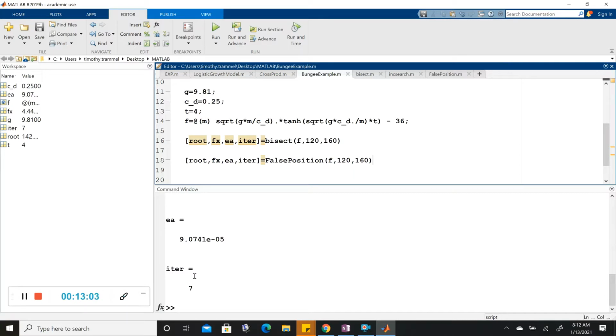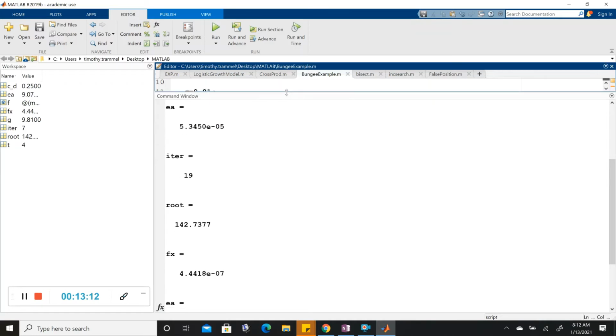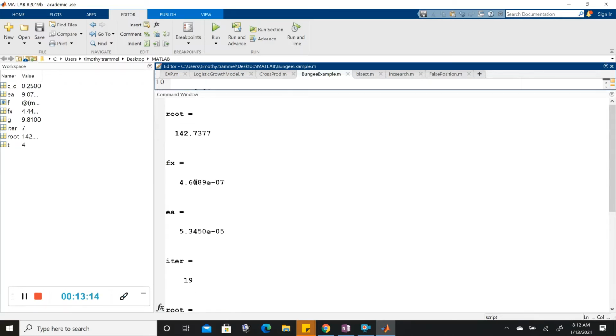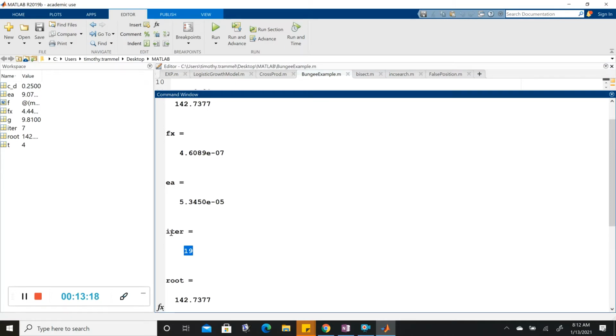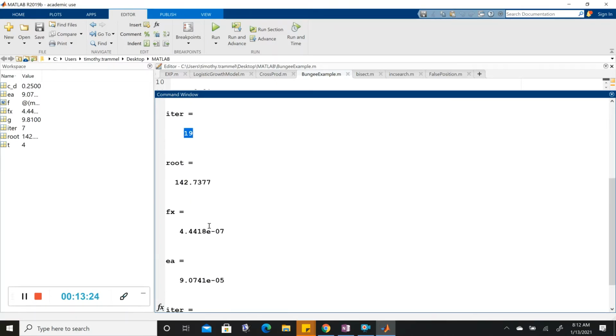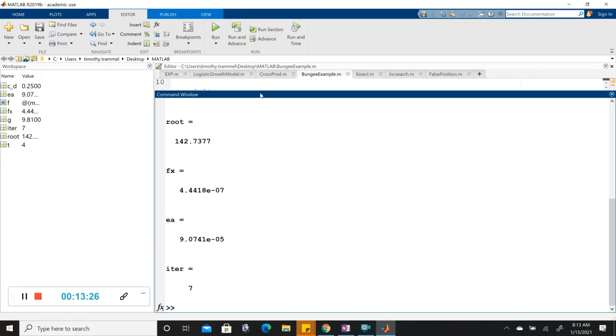And what we're going to see when we scroll up is that bisect actually took more iterations. Okay. So let's see. Maybe I should just move this up like this. Okay. So yeah, here 19 iterations for the bisect function. So this reached the relative error much quicker using false position.